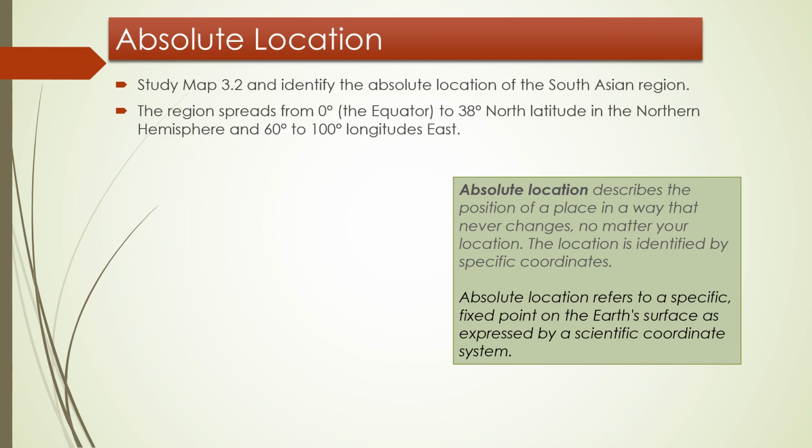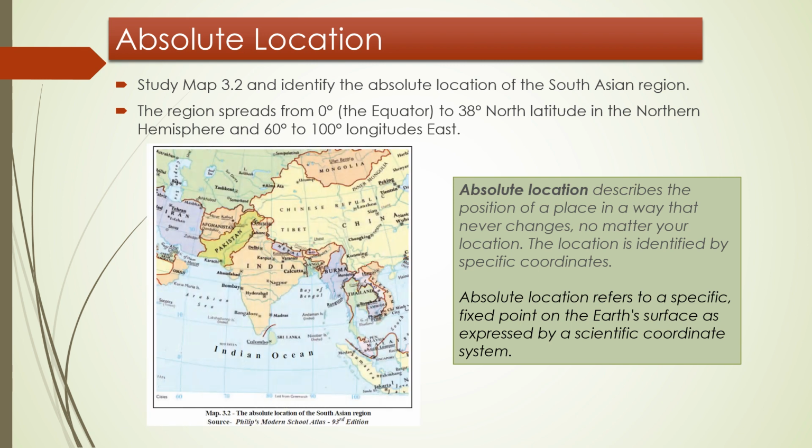The region spreads from the 0 degree, the equator, to 38 degree north latitude, the northern hemisphere, and 60 degree to 100 degree longitudes east. So in the map you can see the longitudes and latitudes are here.